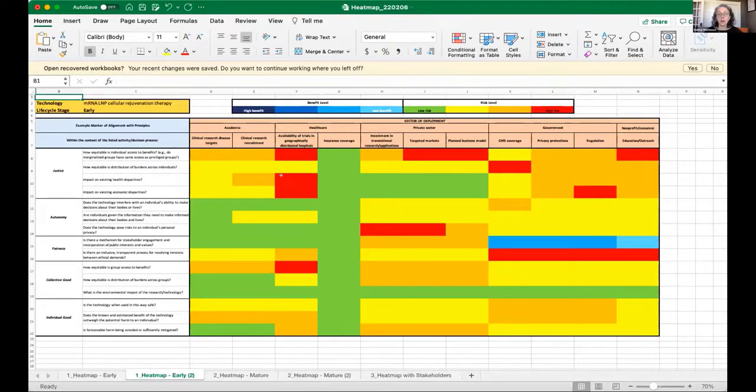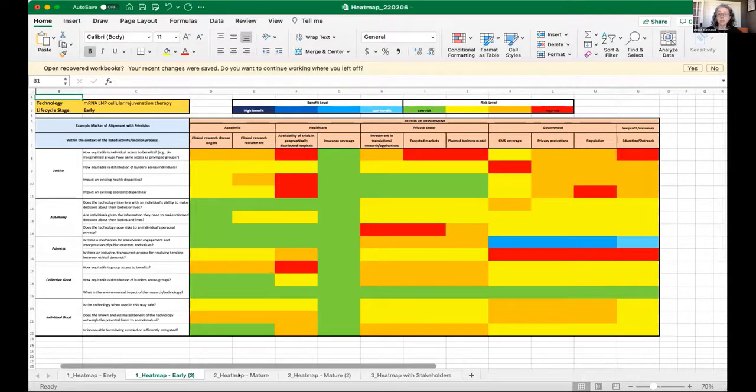What are the places where this technology under current governance is raising concerns relevant to our guiding principles? And how can we now focus our attention on the governance of those spaces and maybe make some adjustments to try to better align that particular activity or decision process with our guiding ethical principles?